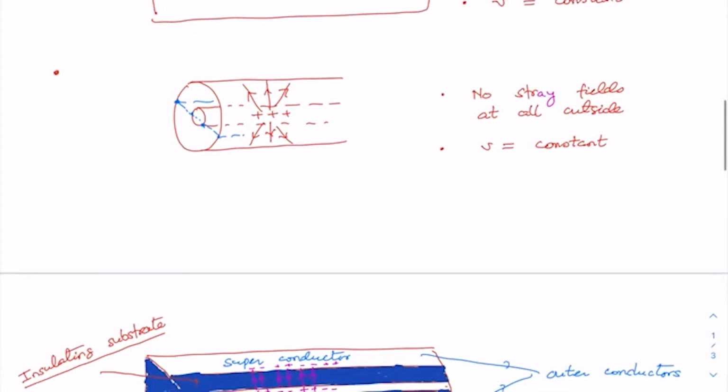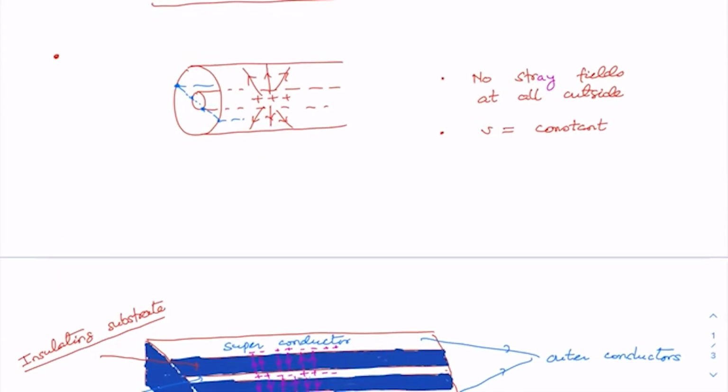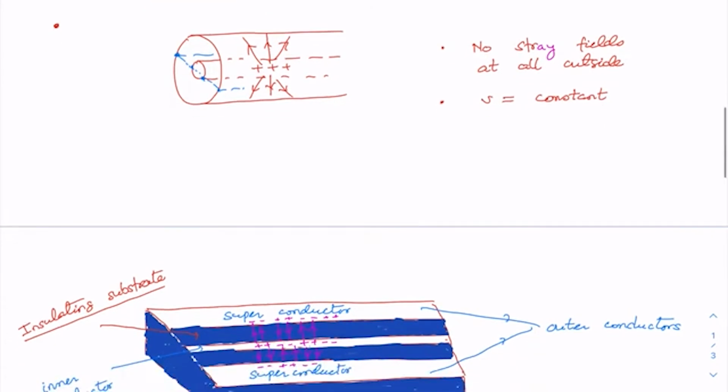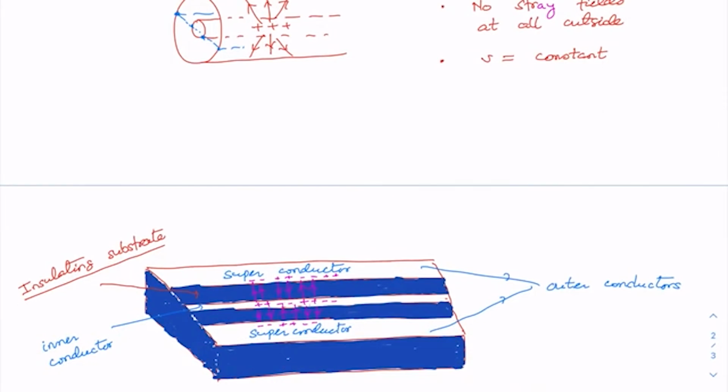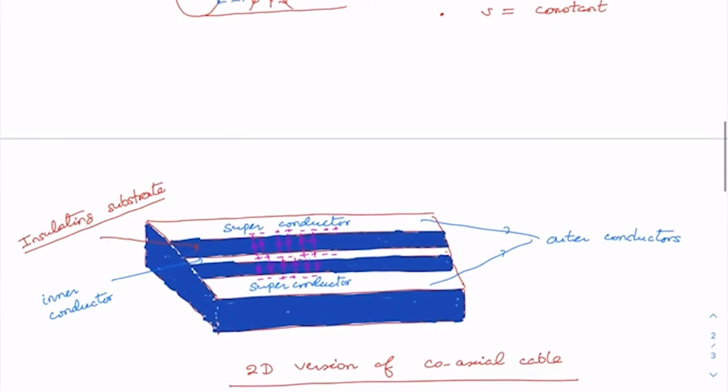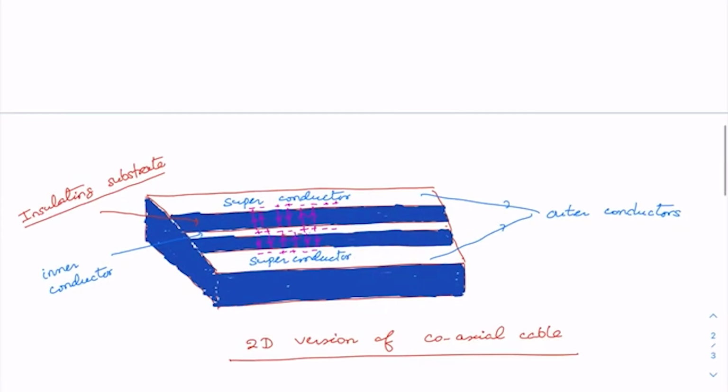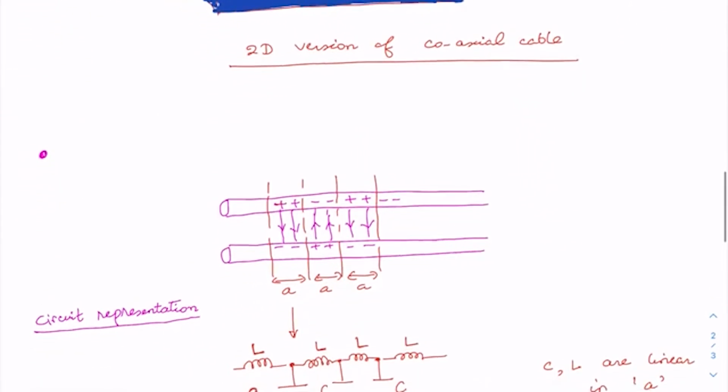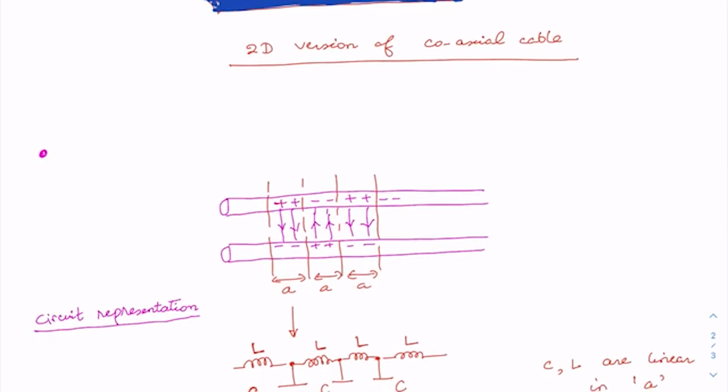And we also learned how this coaxial cable model, which is a three-dimensional one, can be utilized to design a two-dimensional version of the transmission line on a chip. And finally, we discussed how this transmission line can be represented in a circuit. For that we use this two parallel wire model.